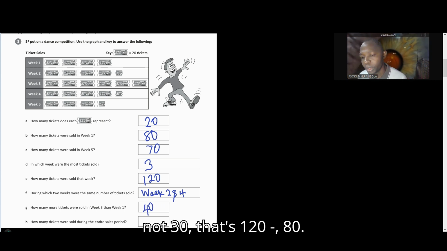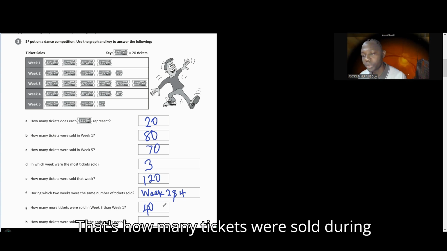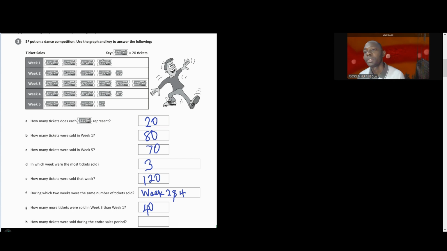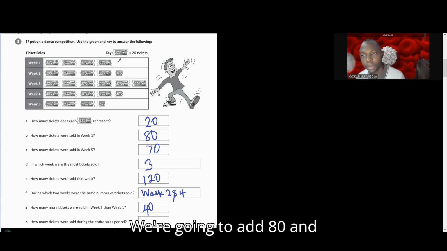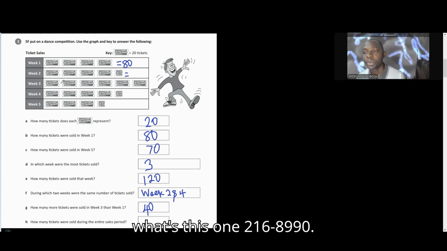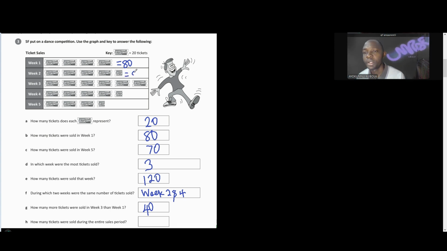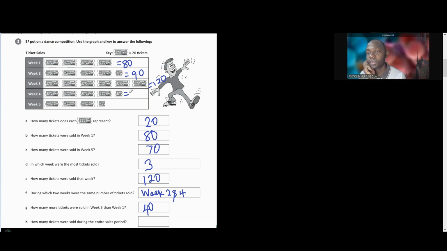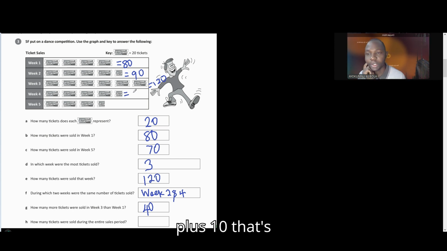That's 120 minus 80, which is 40. How many tickets were sold during the entire sales period? So we're gonna add up everything. We're gonna add 80 and what's this one? 2, 4, 6, 8, 9, 90 plus 120. 80 plus 10, that's 90.